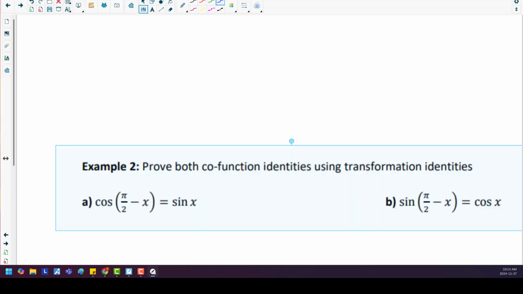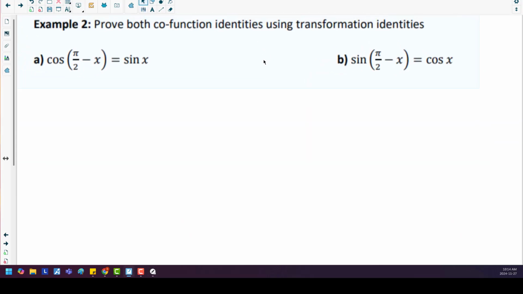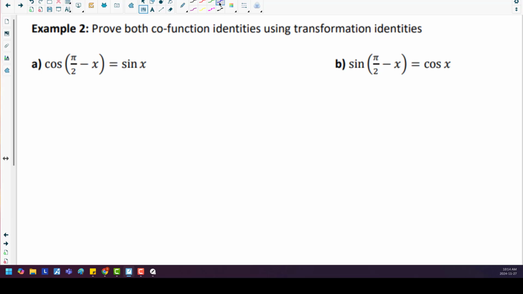So let's do another example here. We're going to prove the cofunction identities using transformation identities. Starting with the right-hand side, cos pi over 2 minus x. I'm just going to erase this part because I'm going to need this to write. So cos pi over 2 minus x.